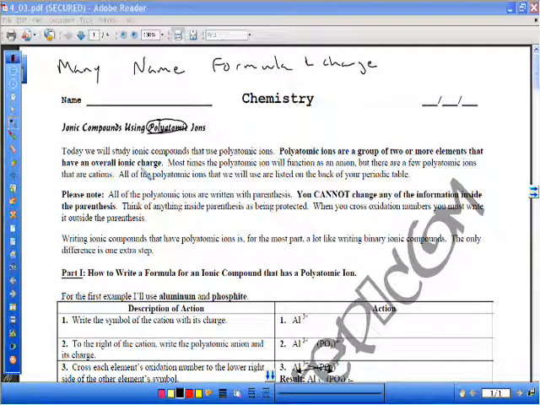So let's look at exactly what a polyatomic ion is. A polyatomic ion is a group of two or more elements that have an overall ionic charge.